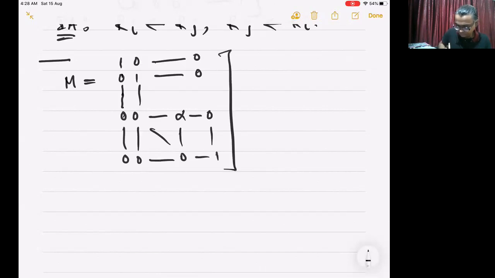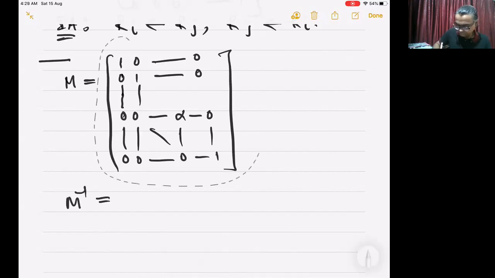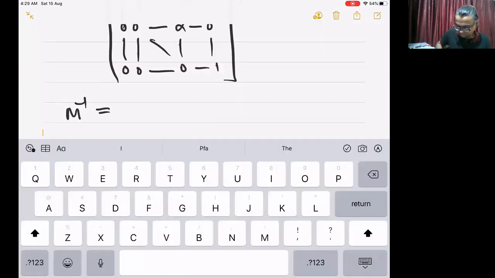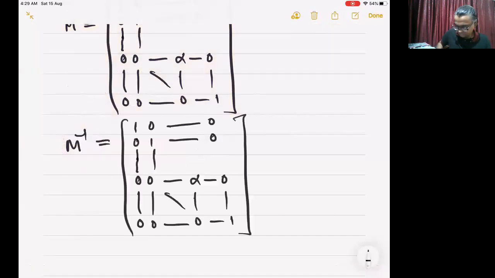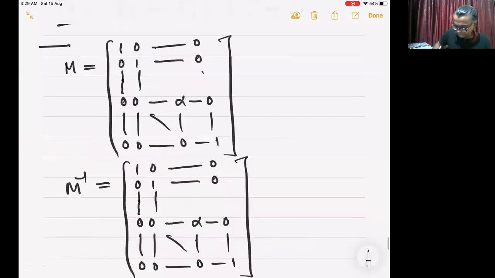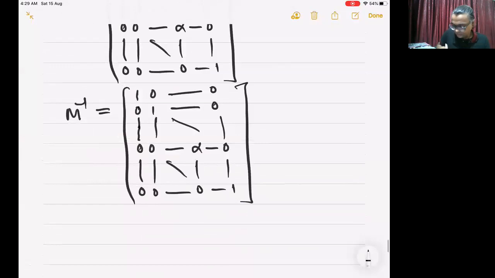This was M, right? What is M inverse? M inverse is going to be just alpha inverse here. That's it.